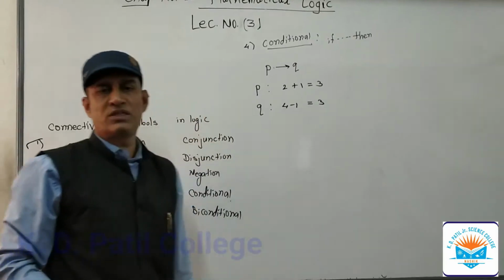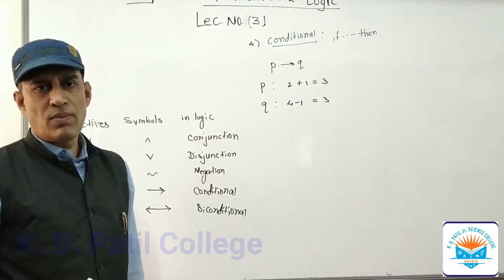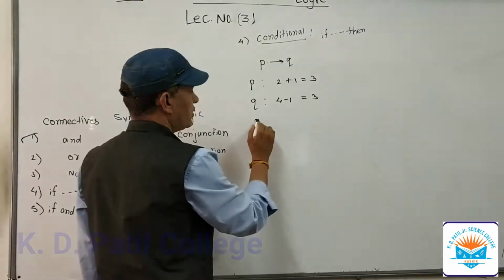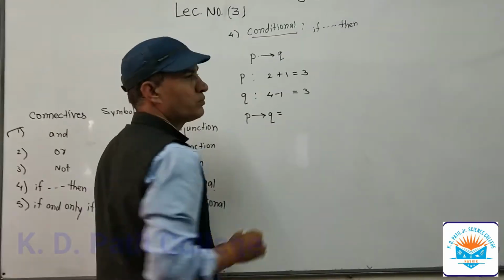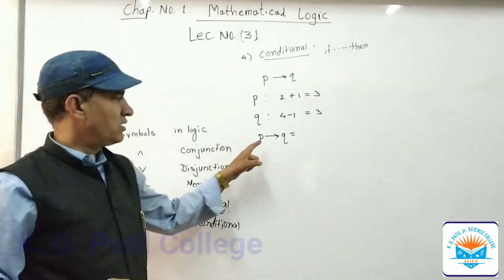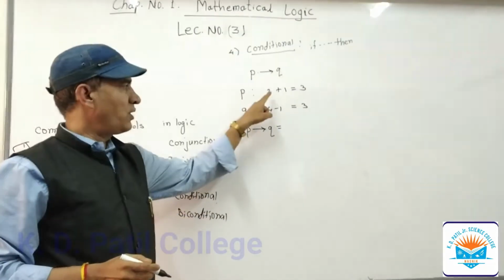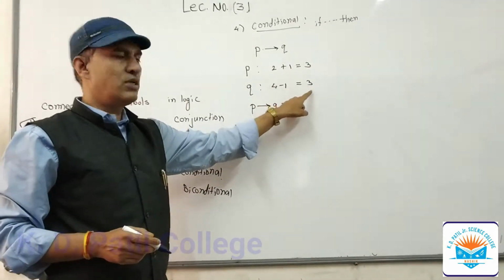These are the two atomic statements, and we are going to join them by connecting them. Then P conditional Q in symbolic form, and in verbal form we can write it as if 2 plus 1 equal to 3, then 4 minus 1 equal to 3.